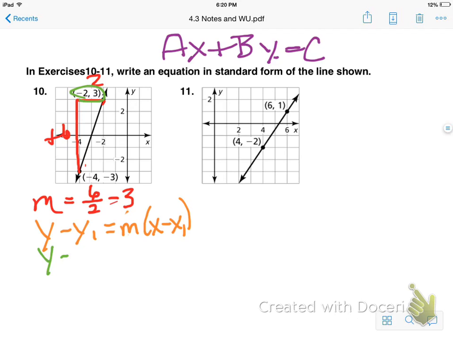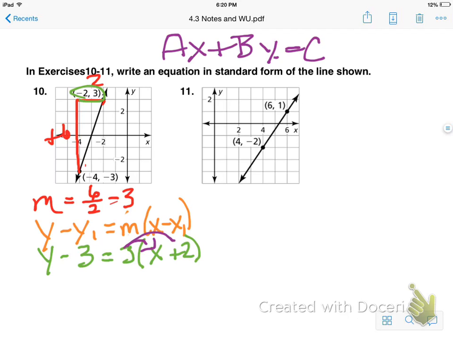So we got negative 2, 3, so my y sub 1 is 3. My slope we said was 3. And then x minus a negative 2 is going to give us a positive 2. So be careful of that. I'm not showing the whole thing, I'm saying it. So if you need to add yourself a note, add yourself a note.